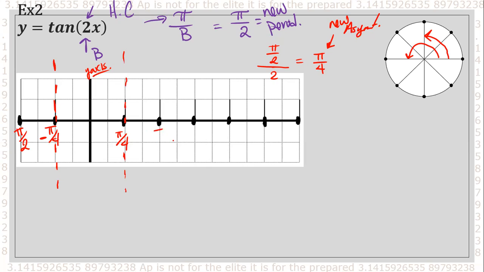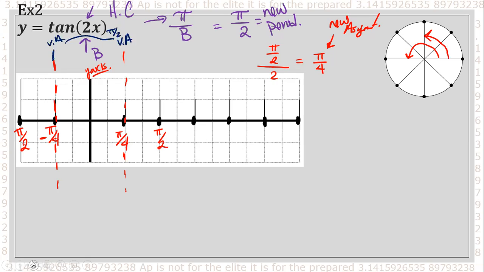So this right here is my pi over 4. And if I check the distance between -pi over 4 to pi over 4, this distance from vertical asymptote to vertical asymptote, that distance from here to here is pi over 2. And you can think about it like a quarter plus a quarter gives you 50 cents.